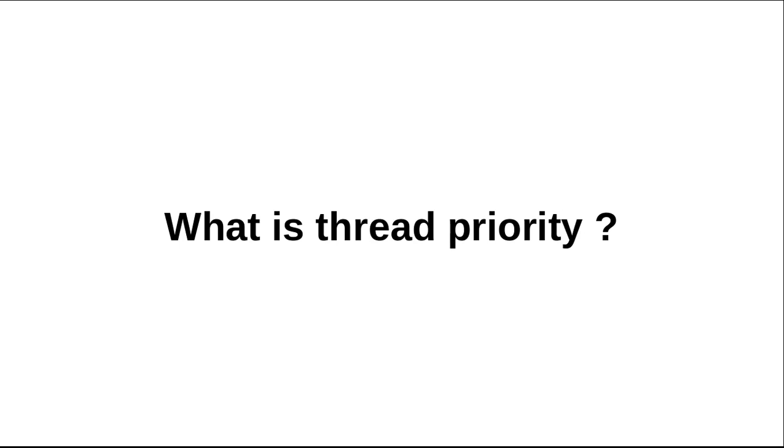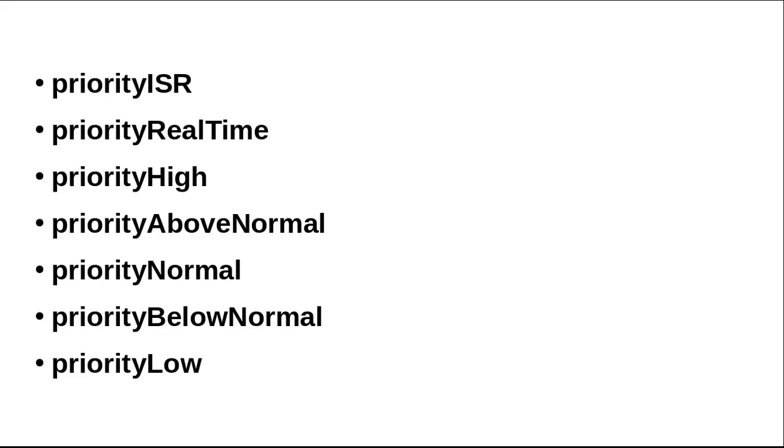When you want to create a thread, one of the arguments is thread priority. We can use these priorities to create a thread. In previous parts, I just used priority normal, but you can use other priorities: priority ISR, priority real-time, high, above normal, normal, below normal, and low.